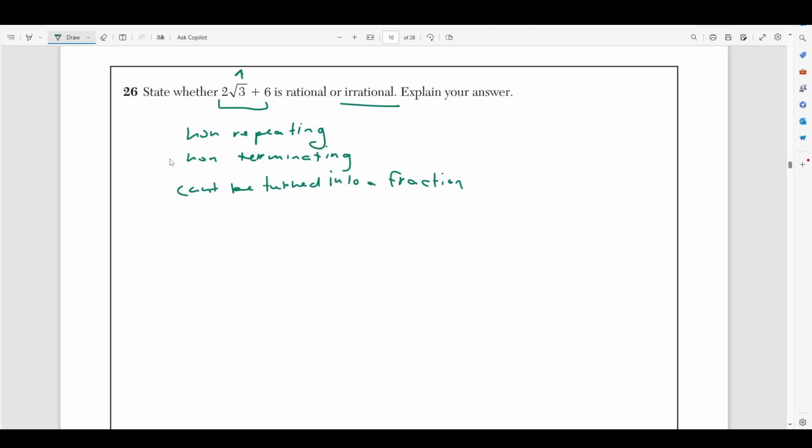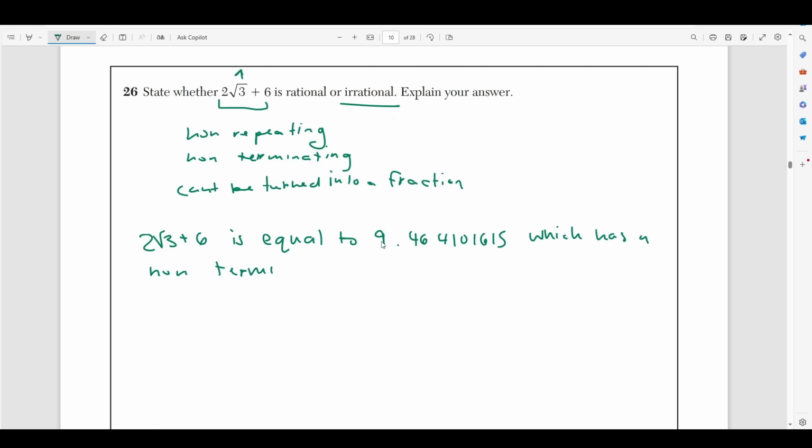So now all we have to write to prove this is 2 root 3 plus 6 is equal to, and I wrote this number down on a piece of paper, 9.464101615, which has a non-terminating and non-repeating decimal. 2 root 3 plus 6 cannot be converted into a fraction.